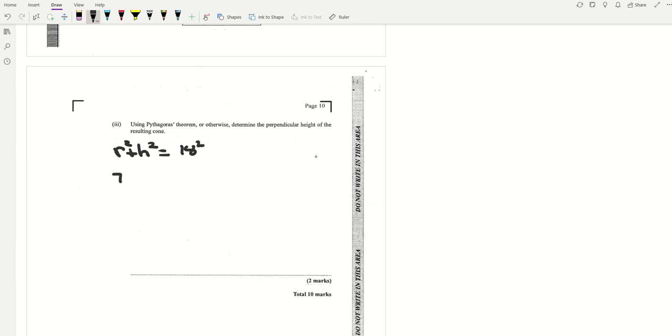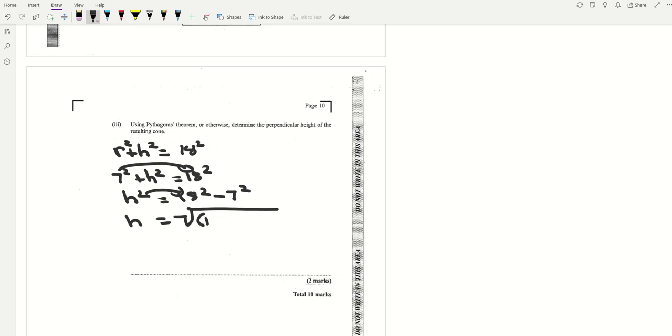What is the radius? That's 7 squared plus h squared is equal to 18 squared. So h squared would be equal to 18 squared minus 7 squared. I carried across plus 7 squared, which turns to minus 7 squared, and I'm carrying across the square, and the opposite of squared is square root, so it will be the square root of open bracket 18 squared minus 7 squared close bracket.